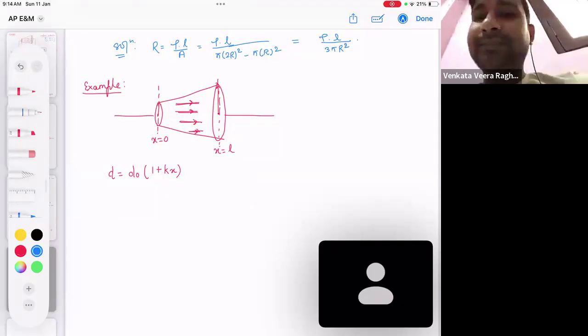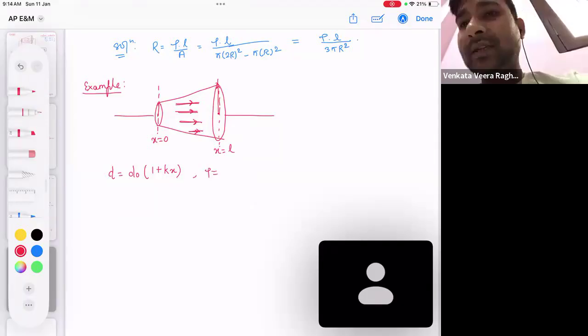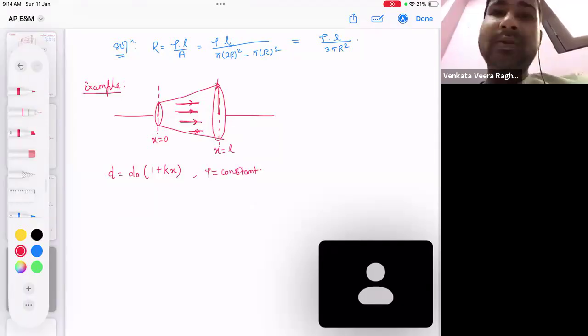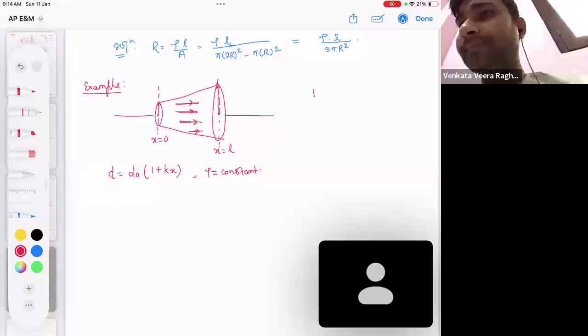L is the length of conductor. Resistivity is uniform in this question. Now they are asking to find the resistance of the conductor given in this diagram.